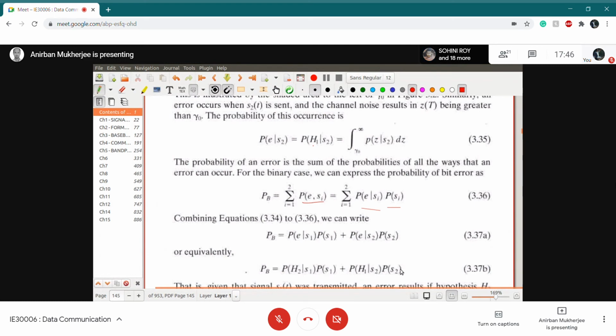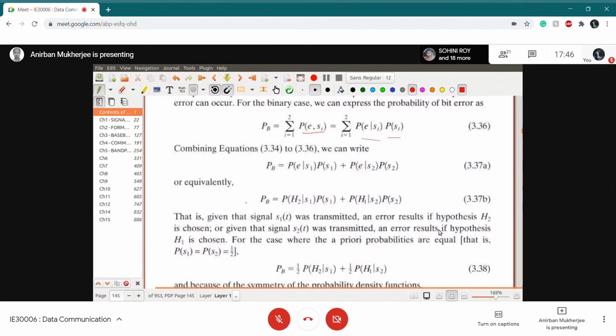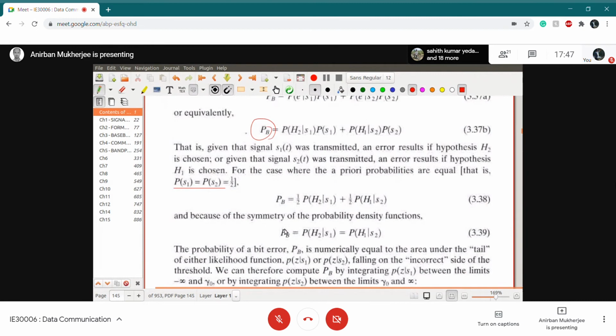Now this is my probability of bit error. The question is, when P(S1) equals P(S2), mainly the ML estimate, then your probability of bit error P_B is half of P(H2 given S1) plus half of P(H1 given S2), because of the symmetry.